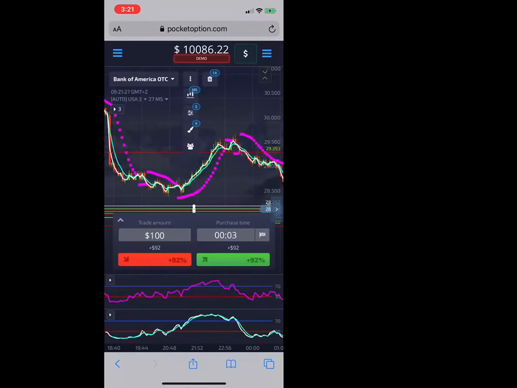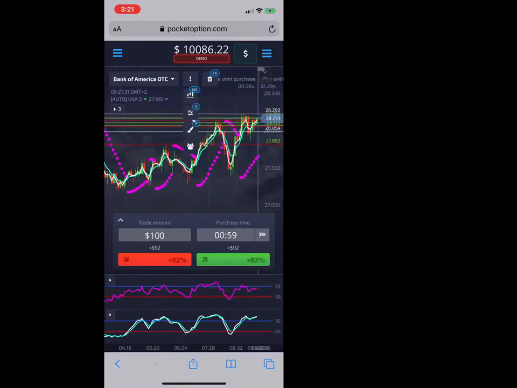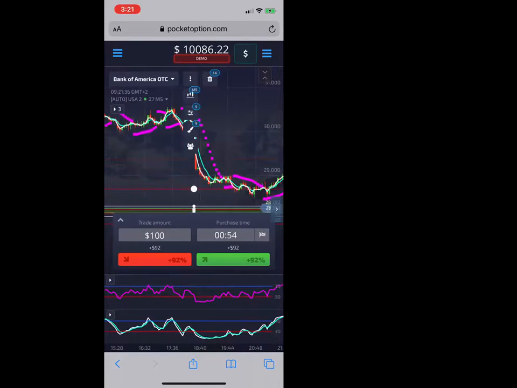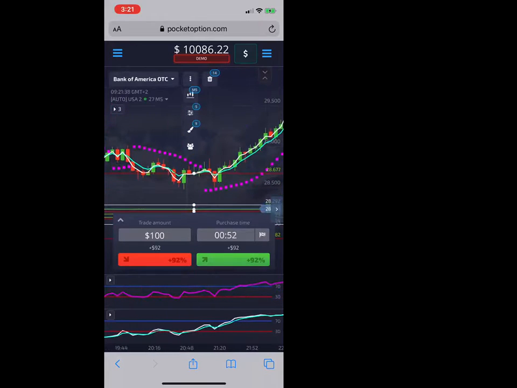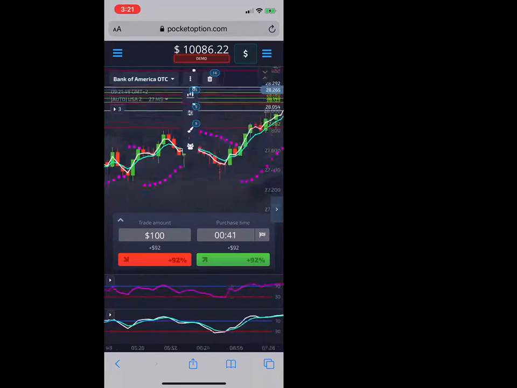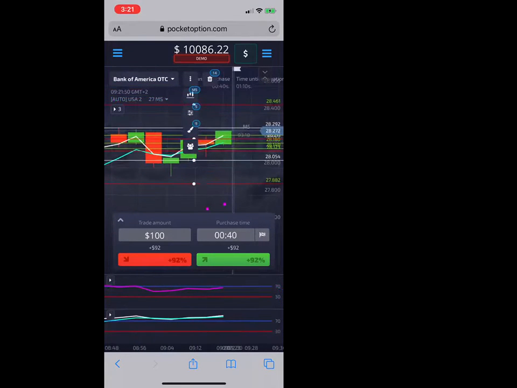Now the reason that we always start on our 30-second and not our higher time frame is because you don't want to miss out on any trades. You see this whole time I was marking out, I probably missed out on a couple of trades. I did actually. But now everything is set up.